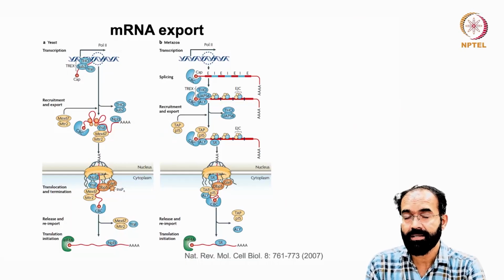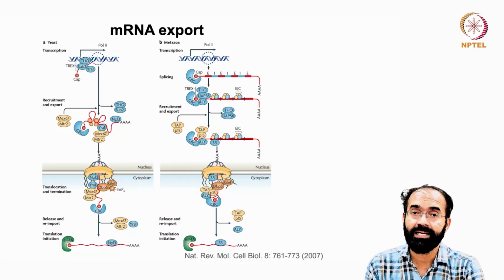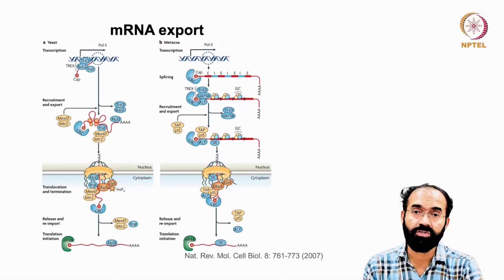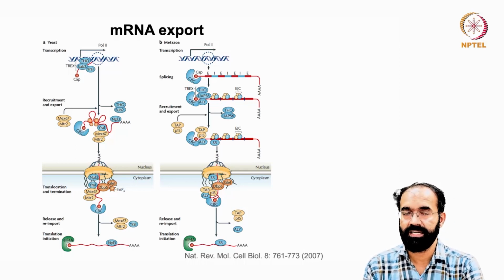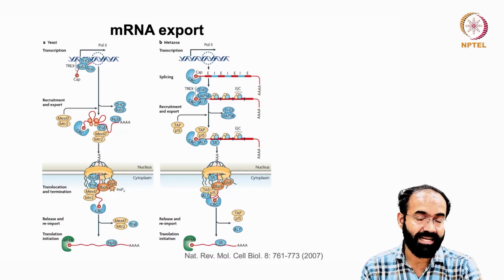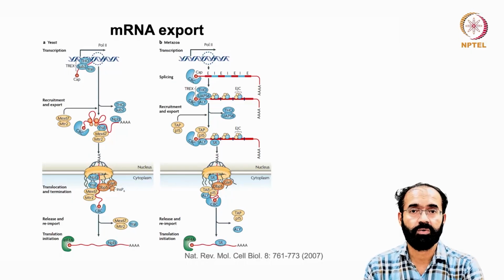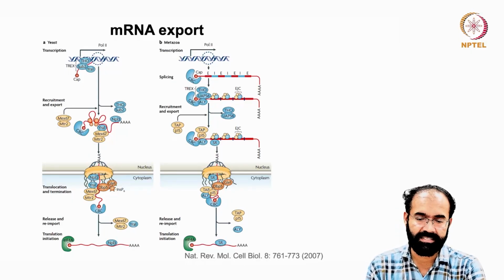You keep this in mind because they become handy in nonsense mediated decay, or RNA decay. But for the time being, remember the exon junction complex contains proteins that stay bound onto the RNA until the first translation is completed. After the first round of translation, they will be lost, and that is why a premature stop codon has to be sensed and detected.